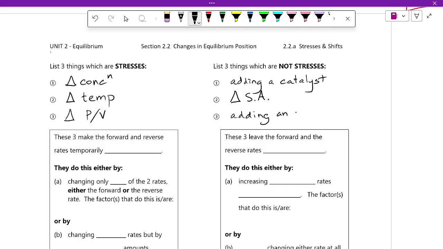If we don't write change in, they write wrong. That's okay. No, it's fine.